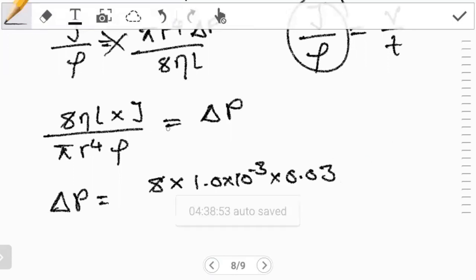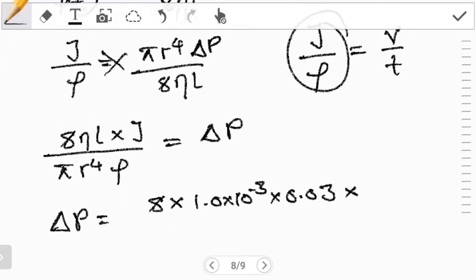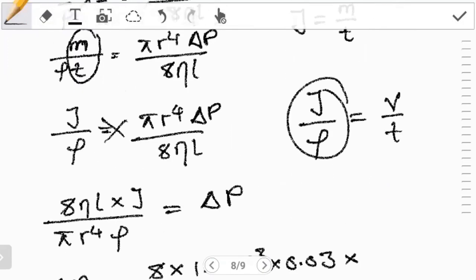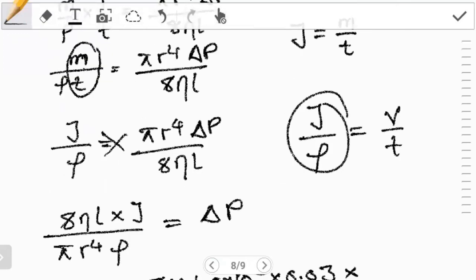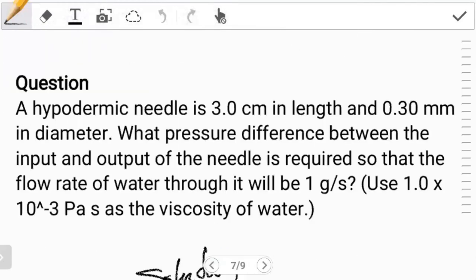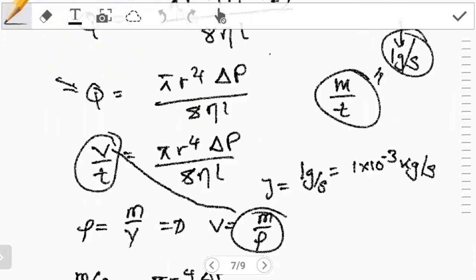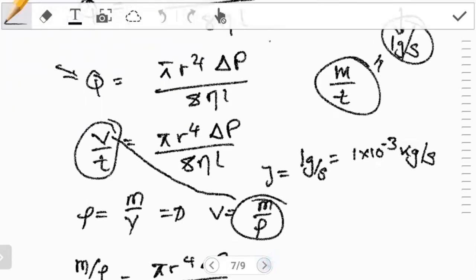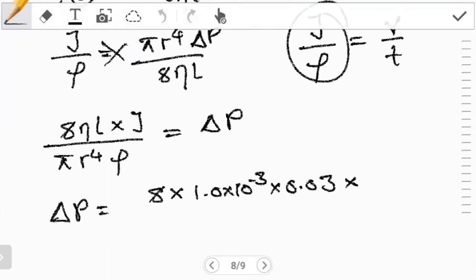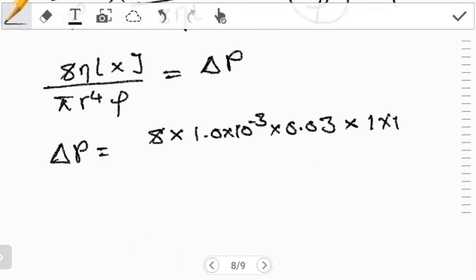And then lastly, we have the mass flow rate in kgs per second. Just see what we had. Okay, so we had 1 by 10 to the negative 3. That was our mass flow rate.